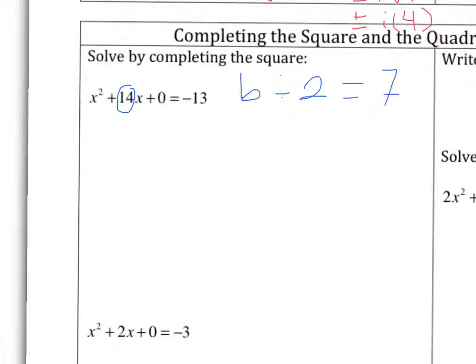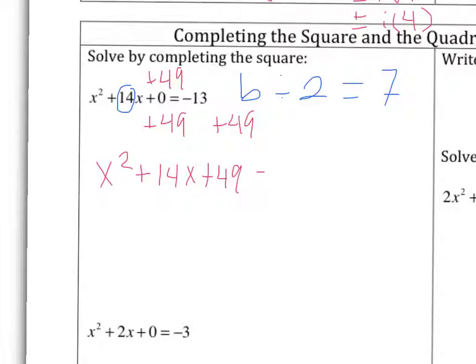We're then going to square that, and what I wish I had was a 49 as my last number, but I don't, so I'm going to have to add that in. Okay, if I do plus 49 on the left, plus 49 on the right, I've got x squared plus 14x plus 49 equals 36.